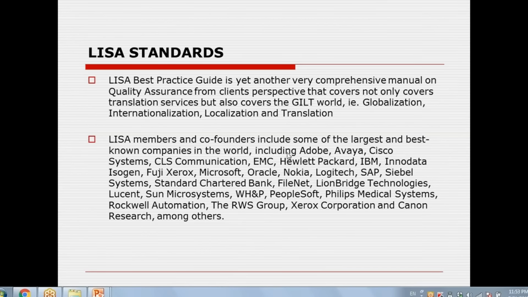All these people were involved in the formation of LISA standards, and they developed parameters in such detail that they even defined penalties for all the linguistic errors and penalties for all the non-linguistic errors. And by using those penalties, if you have reached a 90% level of accuracy, your translation is accepted.